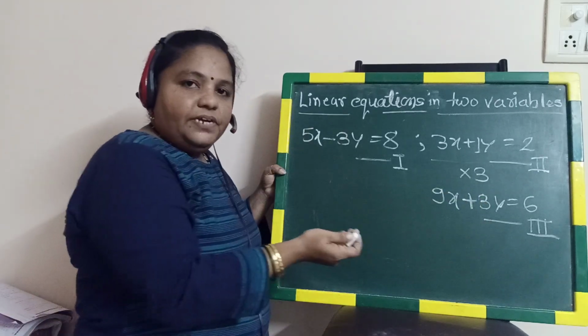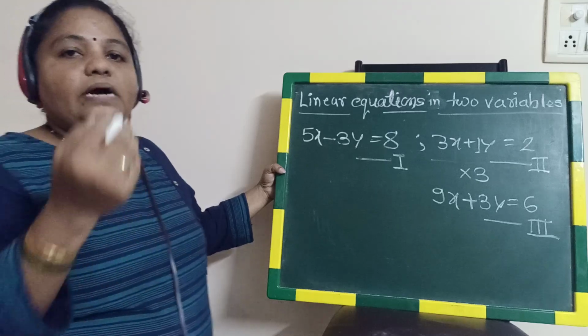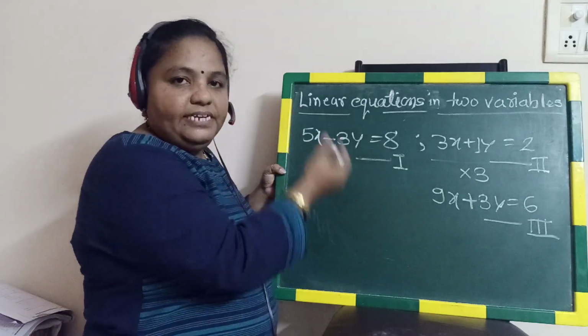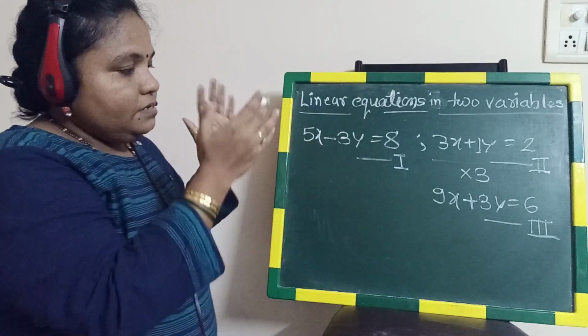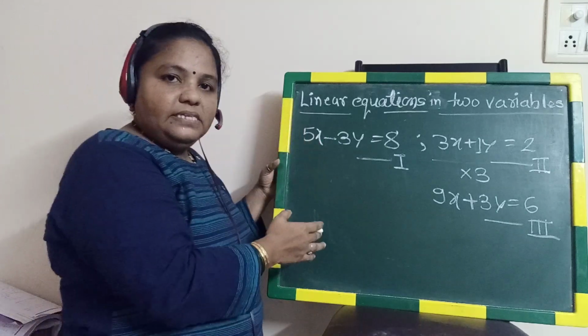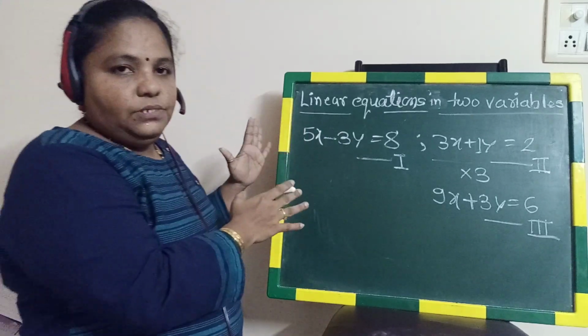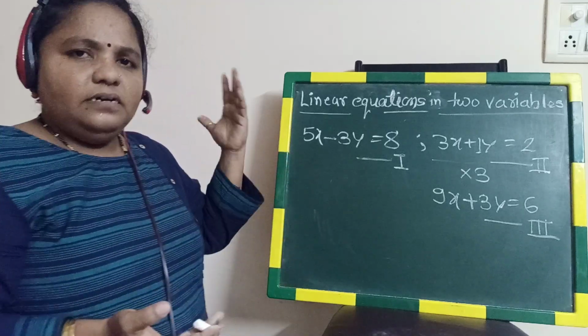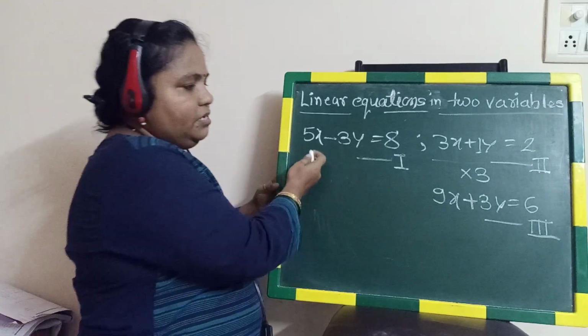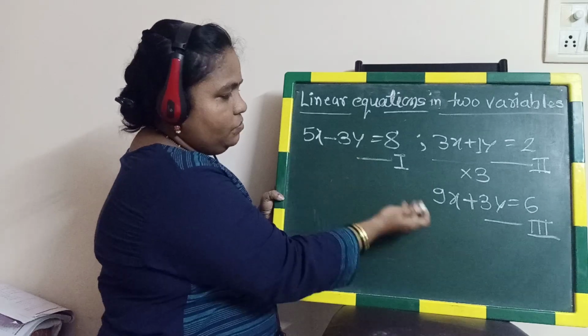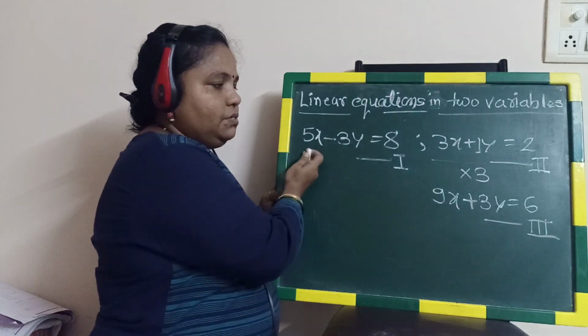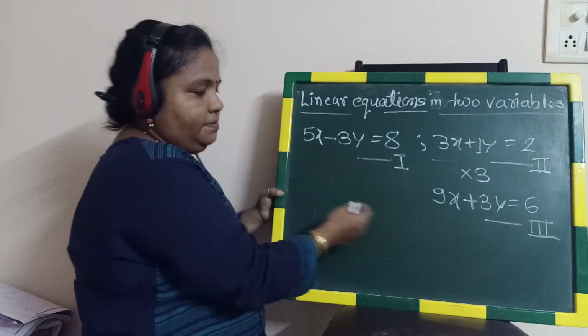Whenever there are different signs, at that time we have to add the equations, and when the two terms have the same sign, we have to subtract the equations. Actually we had learned all these things in our 9th standard. So now we are just going to add equation 1 and equation 3.